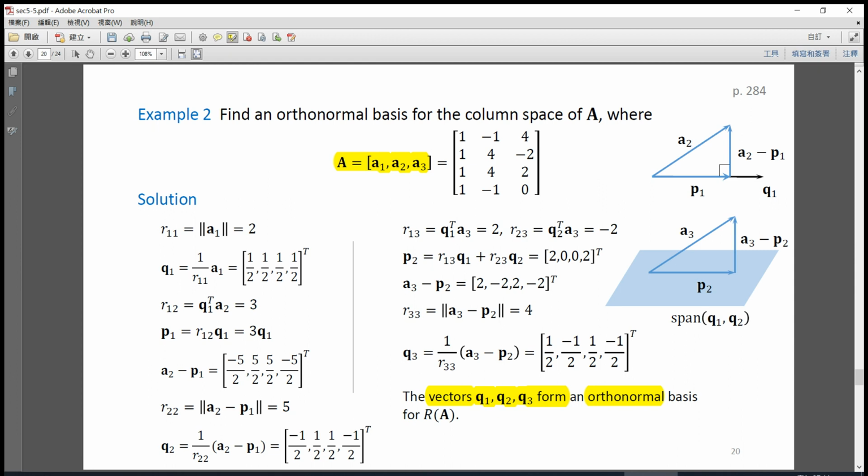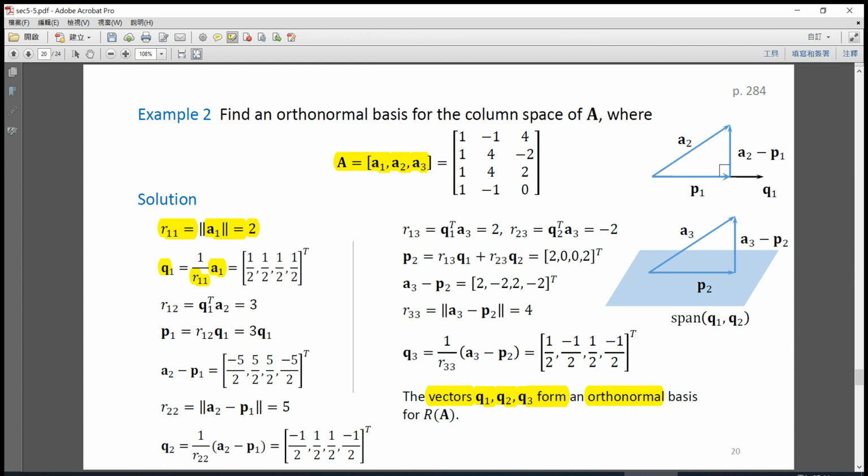This can be done by the Gram-Schmidt process. First, we compute Q1, which equals A1 divided by its norm, and we denote the norm of A1 by R11, which equals 2.